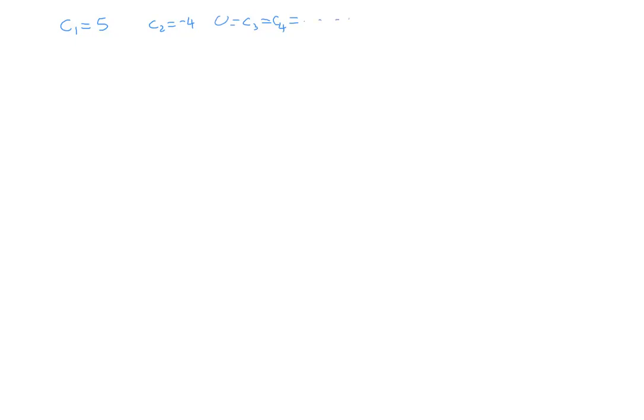And now I can write down the function. So u of x comma t is going to be 5 sine x e to, now I can tell you what n is. n is 1, right? e to the negative t, minus 4 sine of 2x.